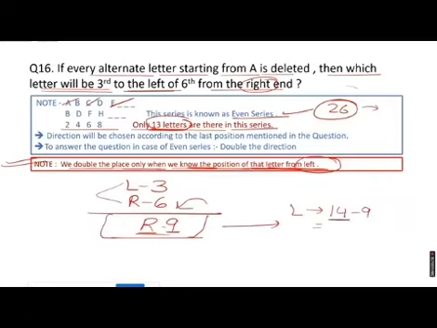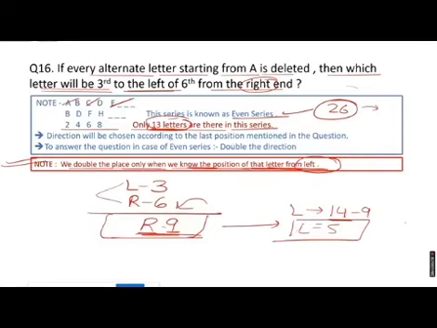We have already discussed why I mention 14: overall the letters are 13, and whenever we have to find the position from the other side, we add 1 to the total number of letters and subtract from it. So here we get 14 minus 9, that will be 5.